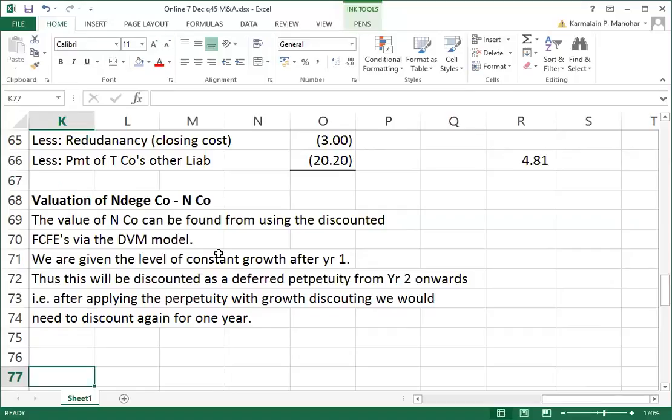And that's that. So the year 1 free cash flows and the T0 free cash flows is now where all of the work is going to come in.